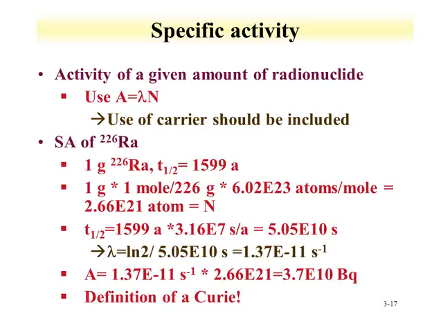The decay constant from this is equal to 1.37 times 10 to the minus 11 inverse seconds. So activity equals my lambda times the number of atoms, and it's equal to 3.7 times 10 to the 10th becquerel. That is the definition of a Curie, and that's where the Curie definition comes from. 1 gram of radium-226 is by definition a Curie, and that is 3.7 times 10 to the 10th decays per second.